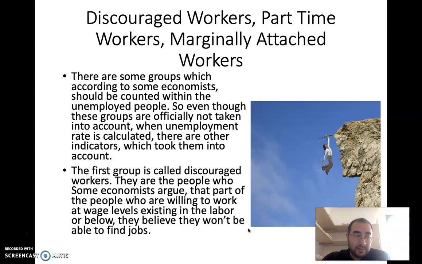So ideally, these people are not fulfilling their potential, all of them. In a better job market, they could be full participants of the employed labor force, not just the labor market. They might be considered part of the labor market, but in better economic conditions, they might be full participants of the employed labor force.